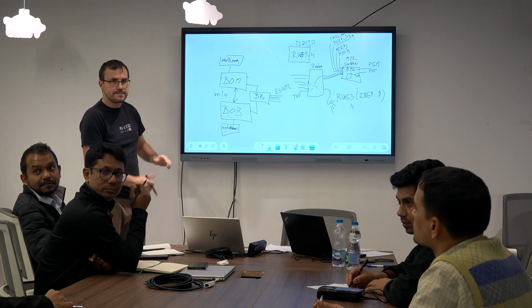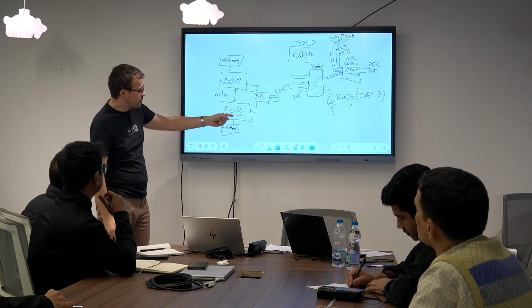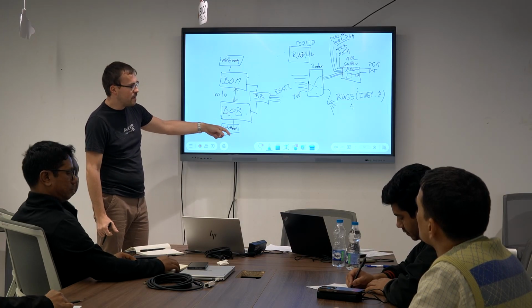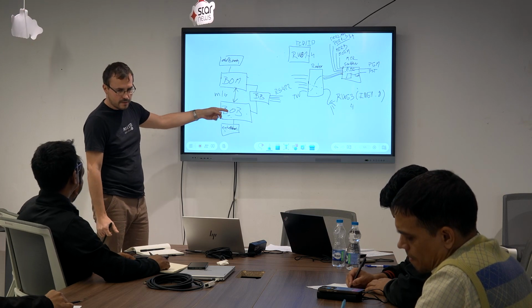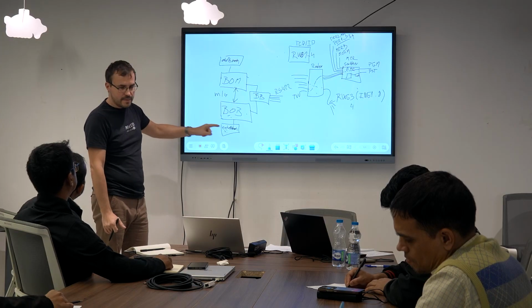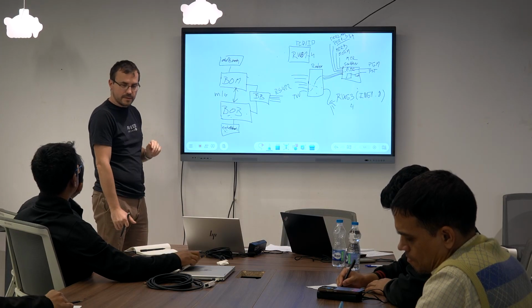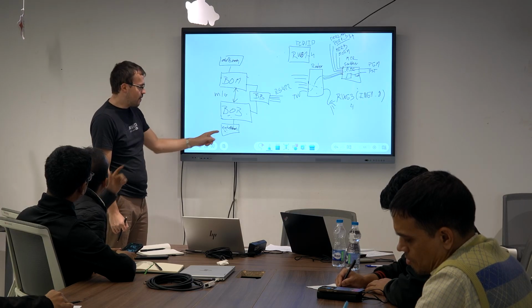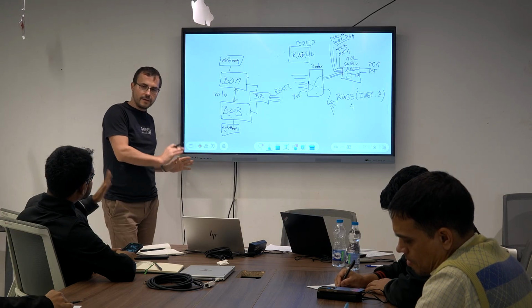So if you want to restart the database, you have to stop the server, then you have to stop or restart the database, and when the database is running, you have to start the server. Servers will not start when the database is not running. That's very important. Automation servers will not start properly when the database is not running.